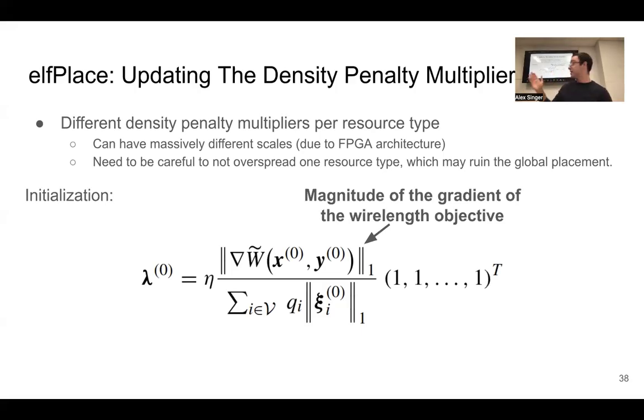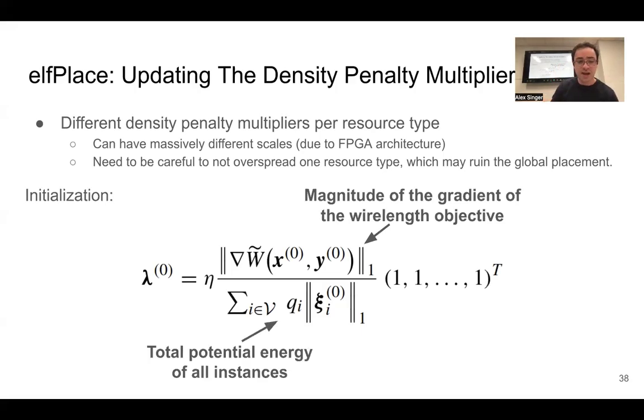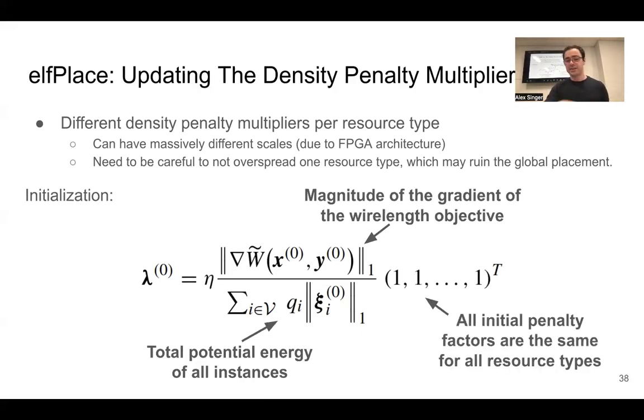So they set the lambdas to the magnitude of the gradient of the wire length objective divided by the total potential energy of all instances. It's hard to get intuition behind this, but they have said that this works very well. And this last term is just saying all initial penalty factors of all resource types are exactly the same.